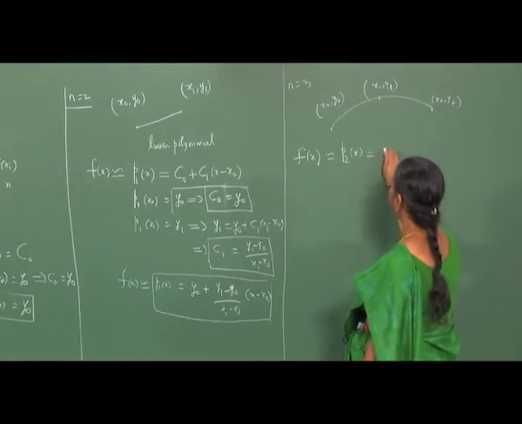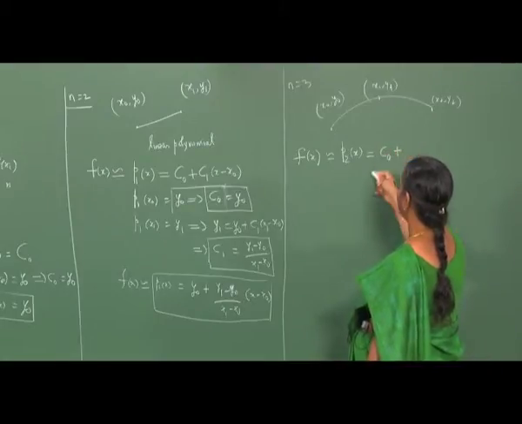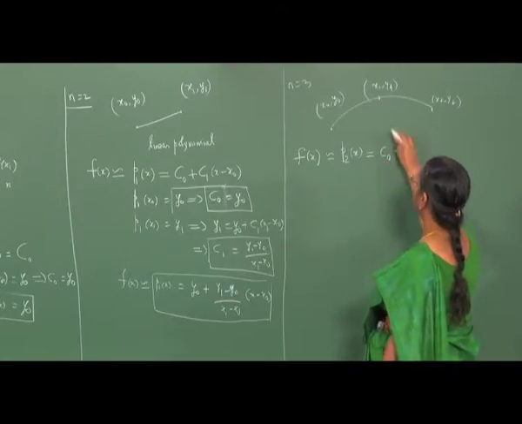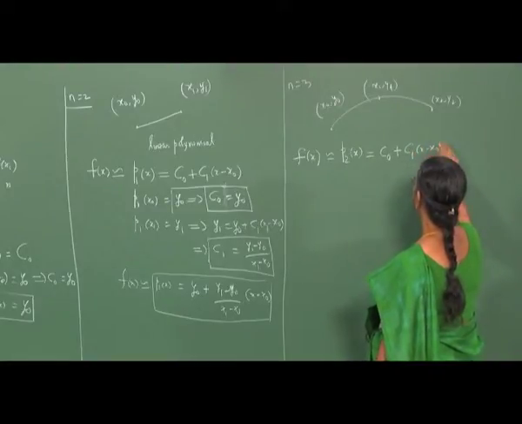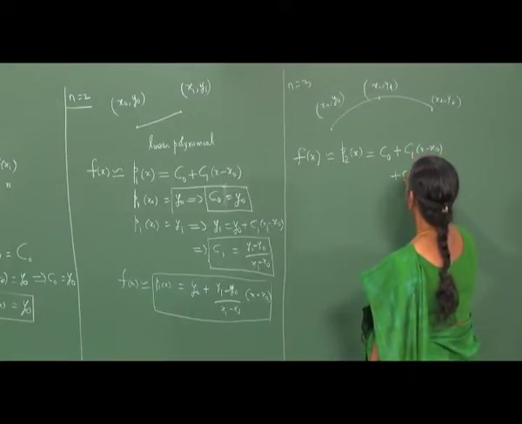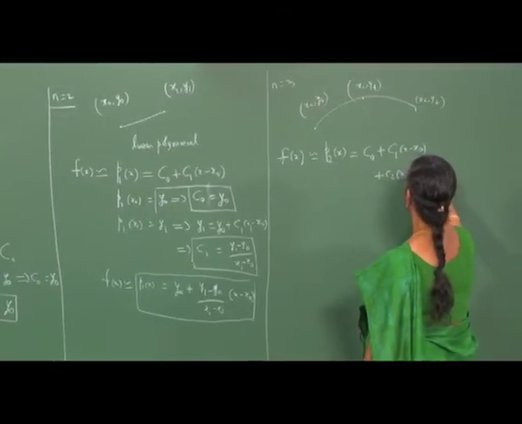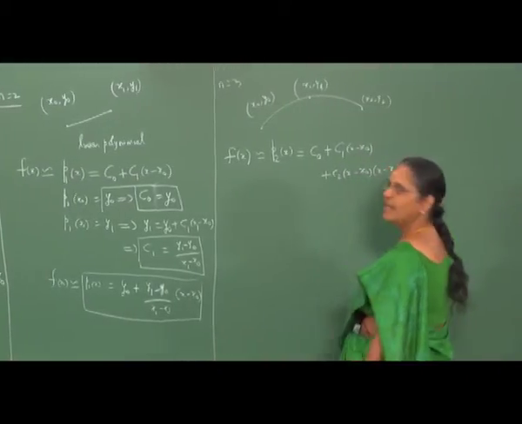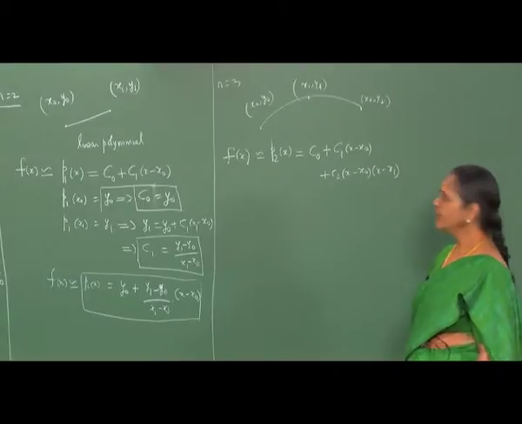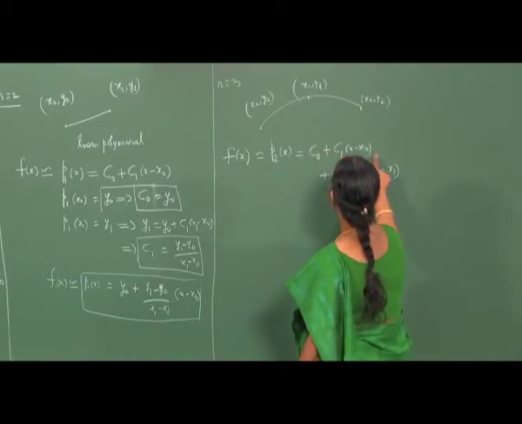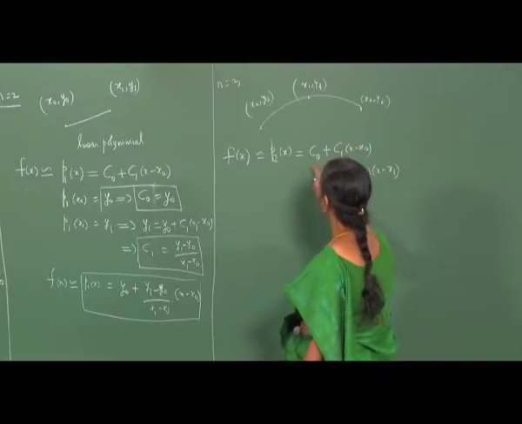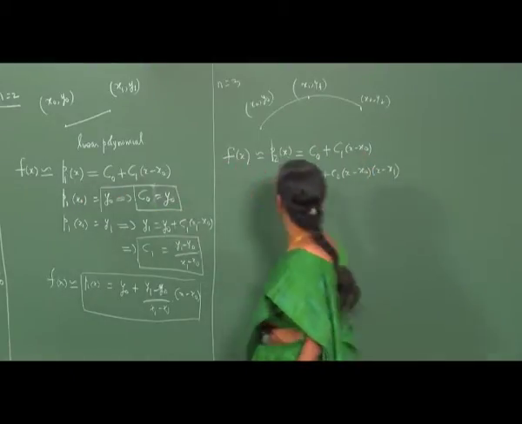So, what is its equation? I can take the equation of the parabola to be c0 plus c1 into x minus x0 plus c2 into x minus x0 into x minus x1. And you should see that the c0 plus c1 into x minus x0 is essentially this p1 of x.